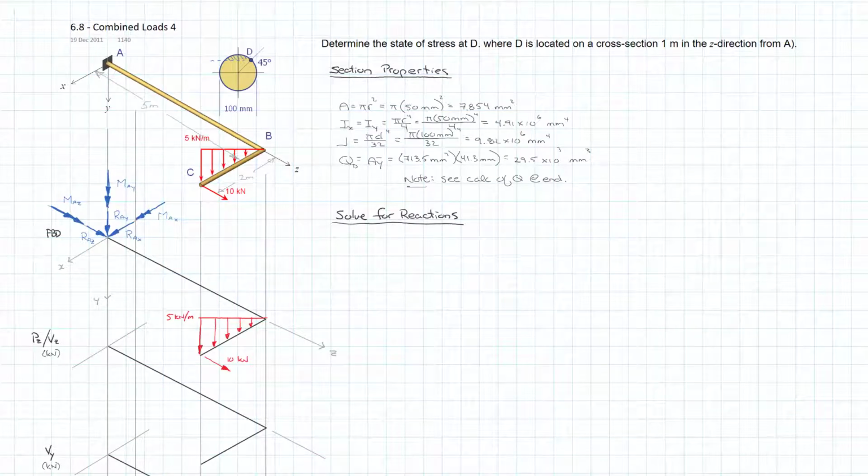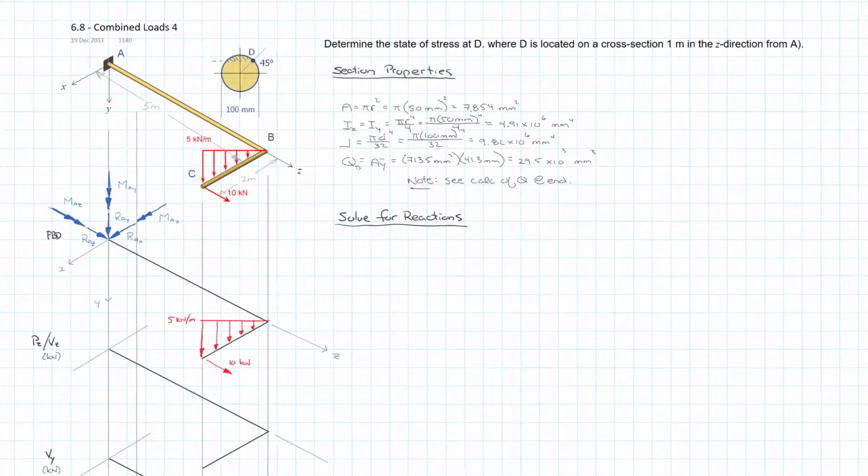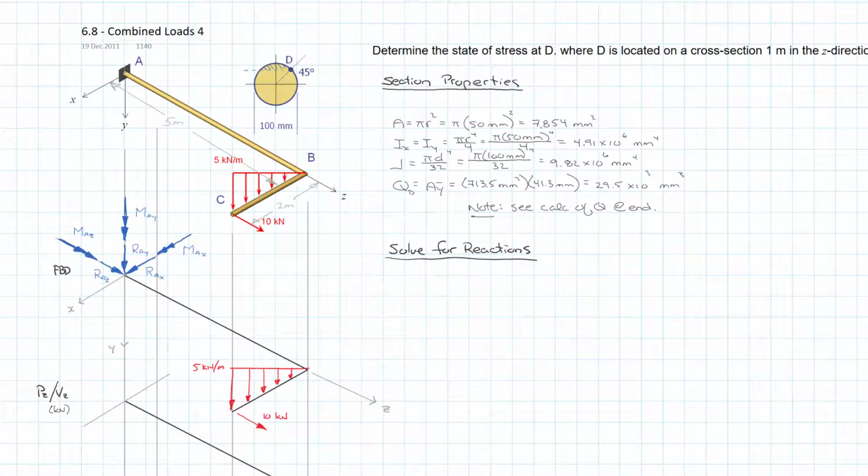Okay, so here we are, and the process that I'm going to do here is I'm going to calculate all of my reactions at the fixed end, or at point A. And because it's fixed and we're dealing in 3 dimensions, there's 3 translations, if you will.